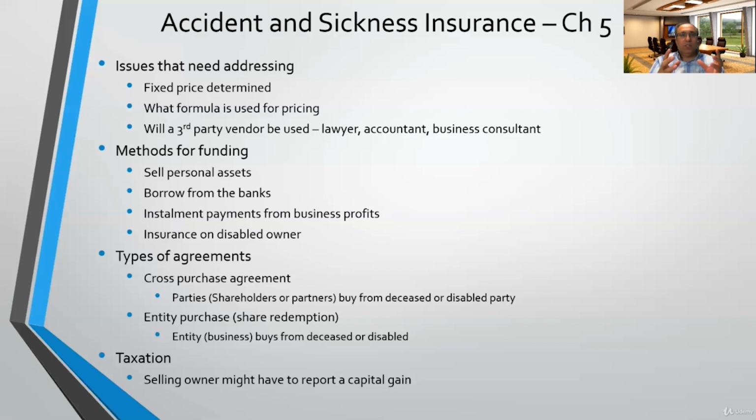If there were 200 shares, in the case of the share redemption, 100 shares are canceled, and now there are only 100 shares left with the remaining business partner. So those are the types of agreements. If you want more detail, you can look in the life insurance section, where we've spoken about it in detail. Then taxation: the seller may have to report a capital gain if the shares have gone up in value. Then when they sell the business, there would be taxation on the share value also.